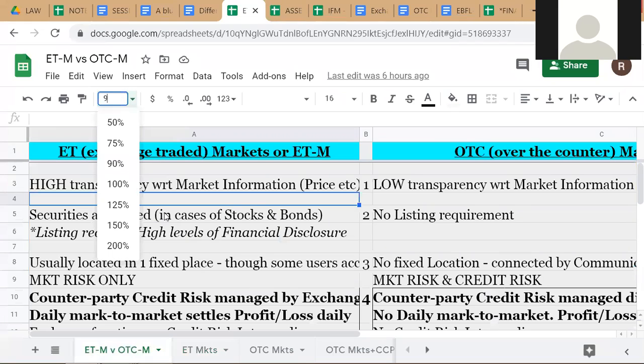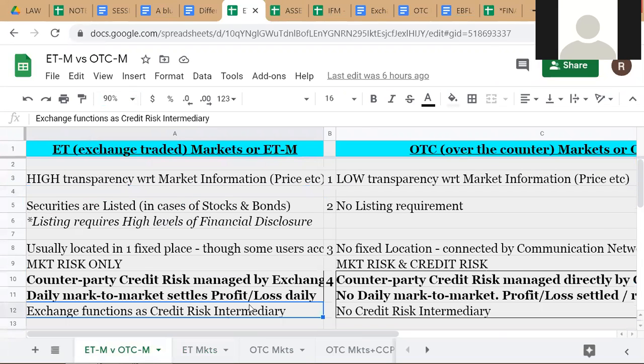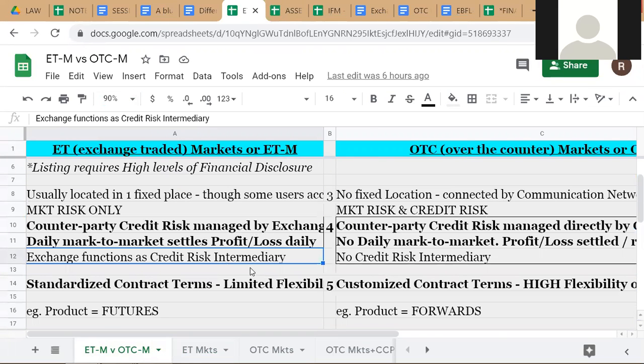if we make this 90%, so it's easier to look at this. What we had done is we had looked at the OTC markets, and then we had started to look at exchange traded markets. We're just using this because you get to see all the differences in one view. We had started out by looking at standardized contract terms.